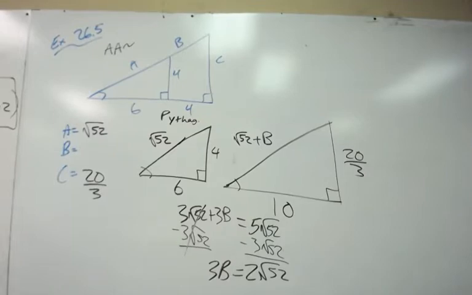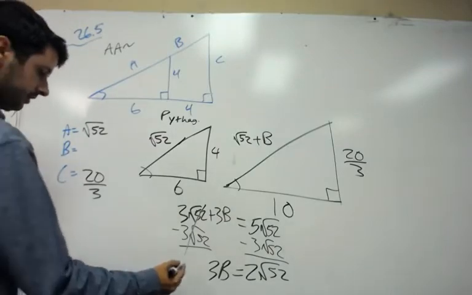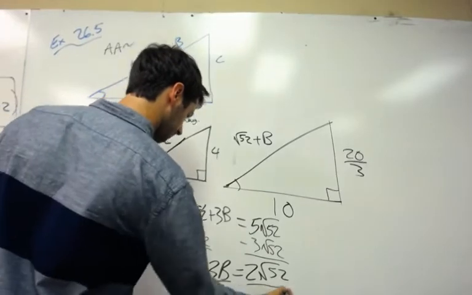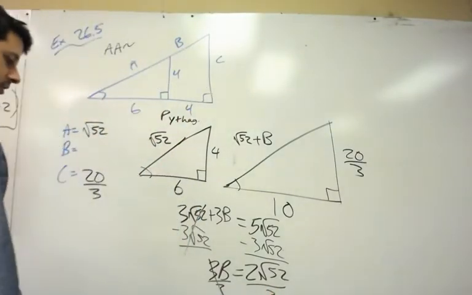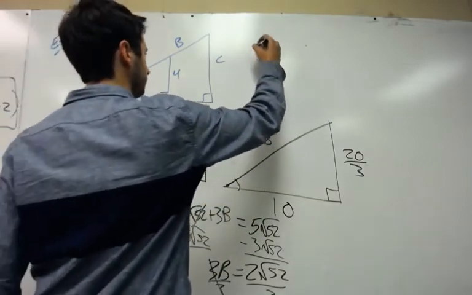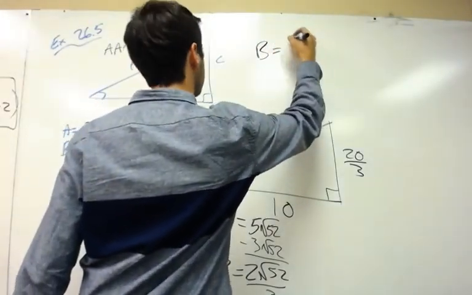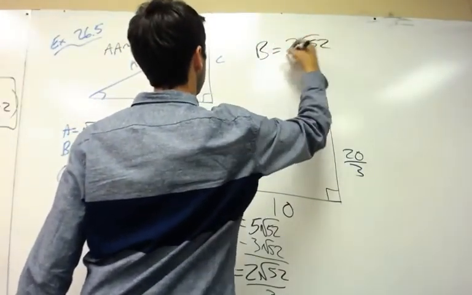Okay? Then we divide by 3. So you got B equals 2 radical 52 over 3.